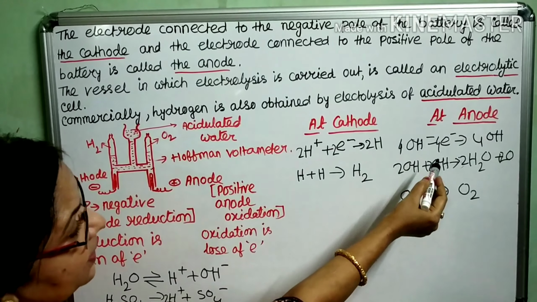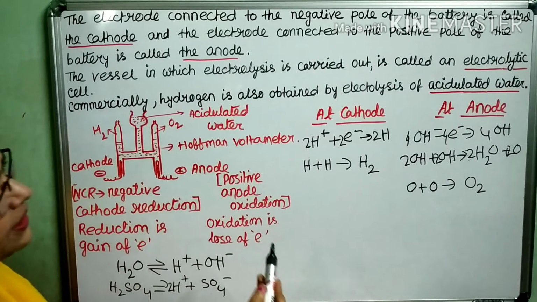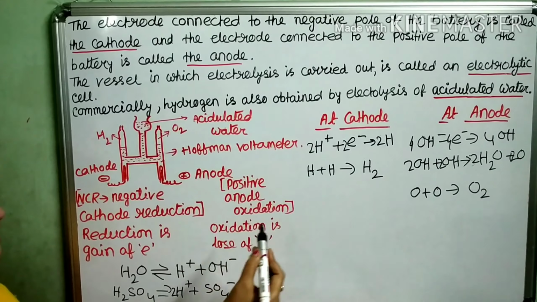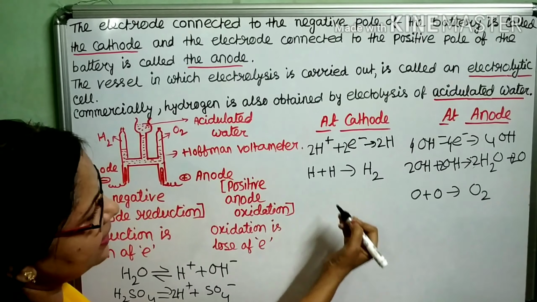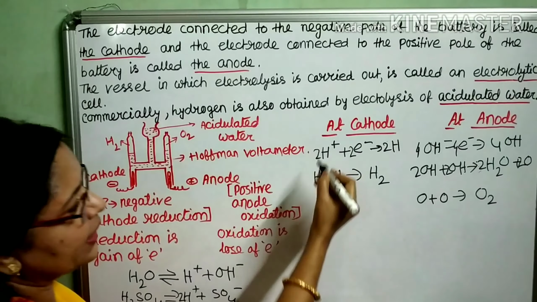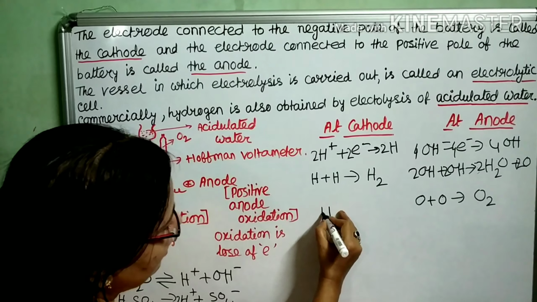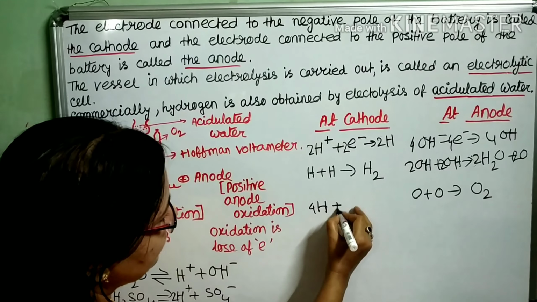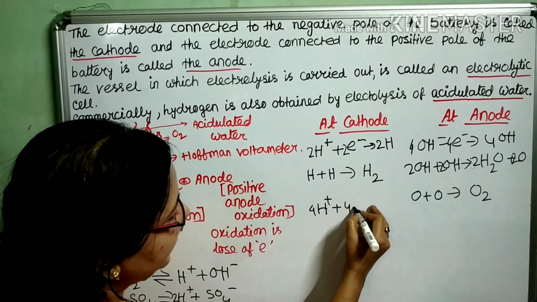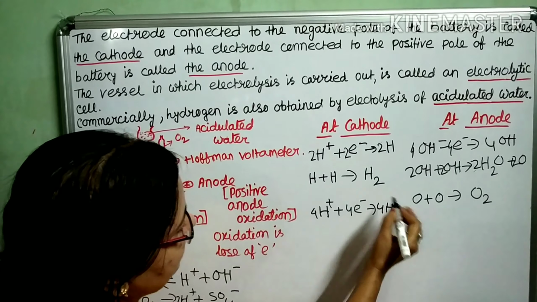Now see, the number of electrons lost is 4, so the number of electrons gained must also be 4, as the number of electrons lost or gained must be equal. So at the cathode, 4H plus plus 4 electrons gives 4H.